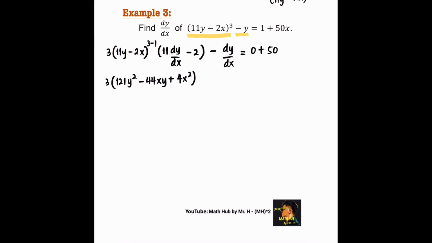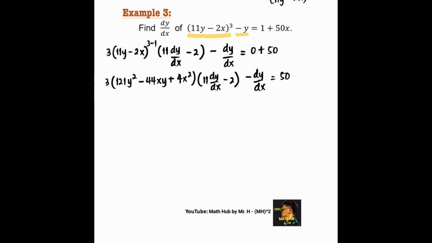Alright, next we copy 11 dy over dx minus 2 minus dy over dx equals 50. Alright, so the next thing we need to do is apply the distributive property here.